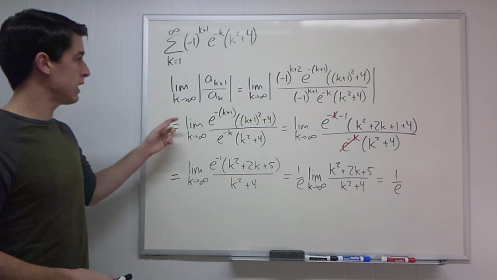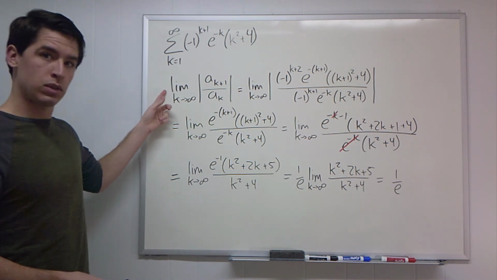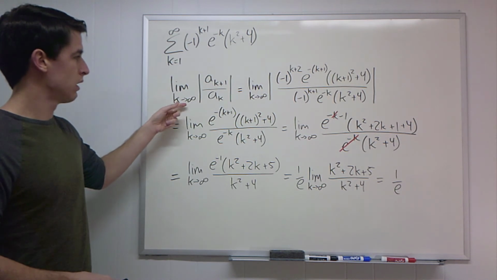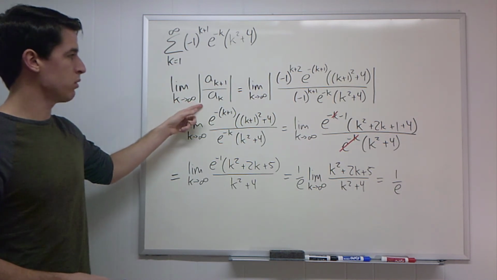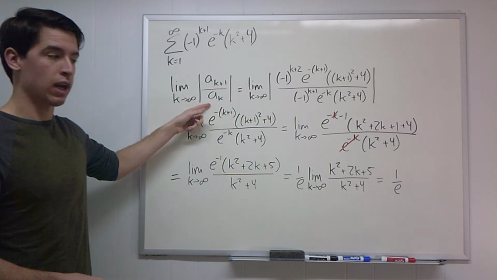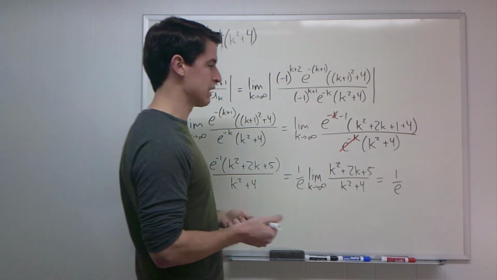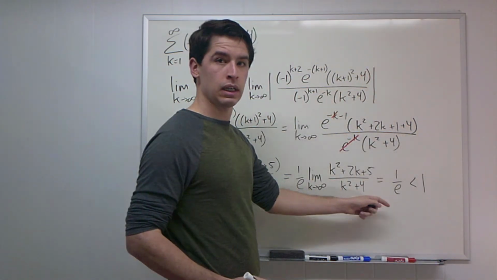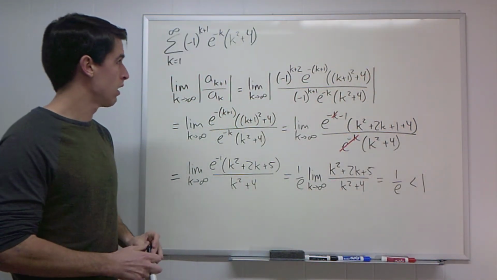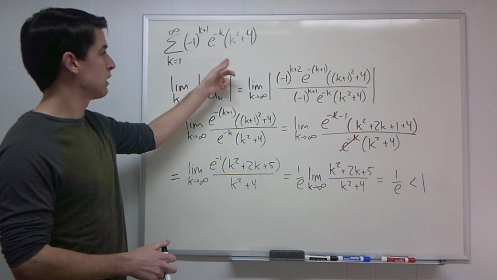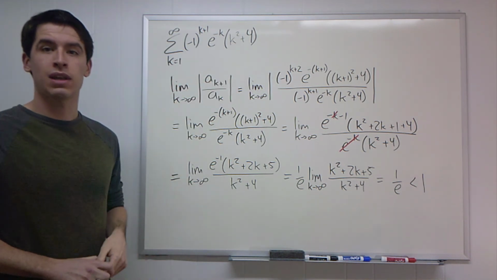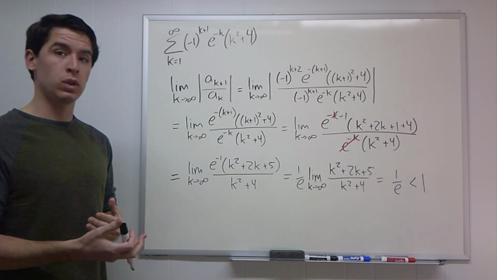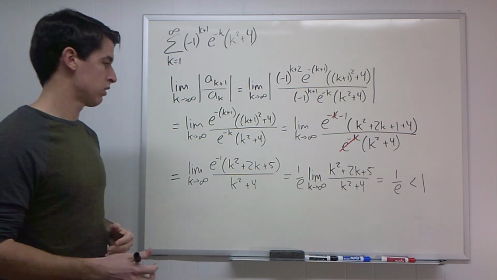So now we did the ratio test. So the ratio test tells us if this limit, the limit as k goes to infinity of the absolute value of a_{k+1} over a_k, is less than 1, which 1 over e is less than 1, then we know that this series converges absolutely. But we know that if a series converges absolutely, then it converges.